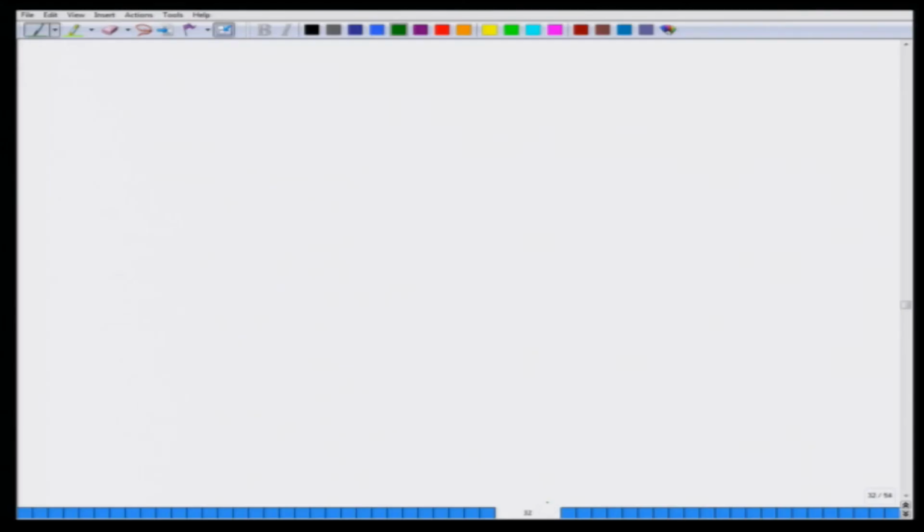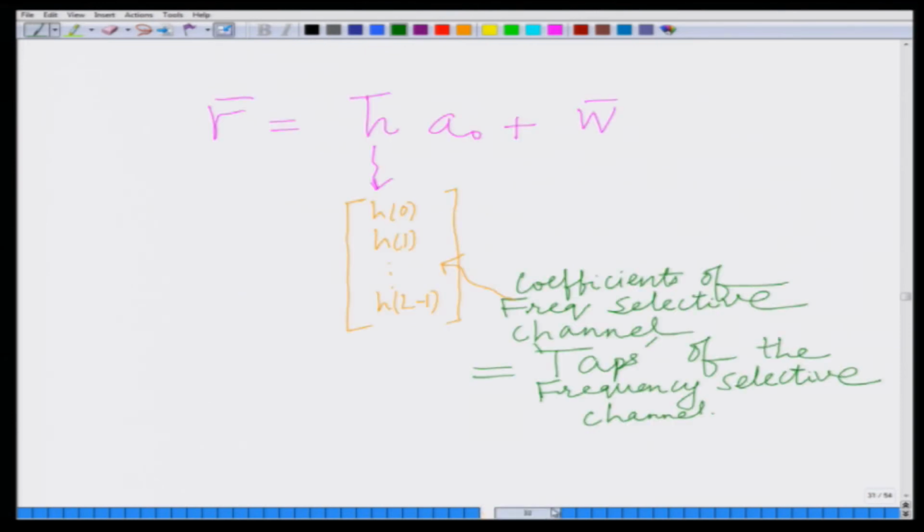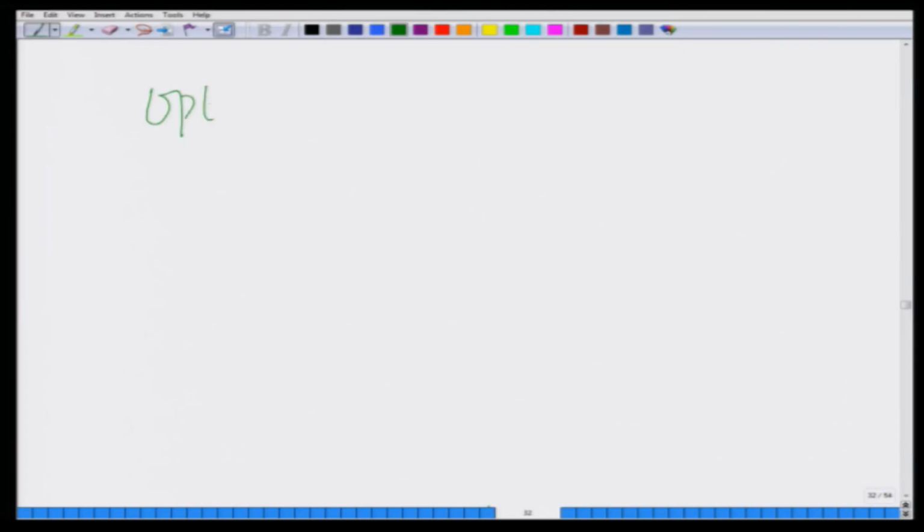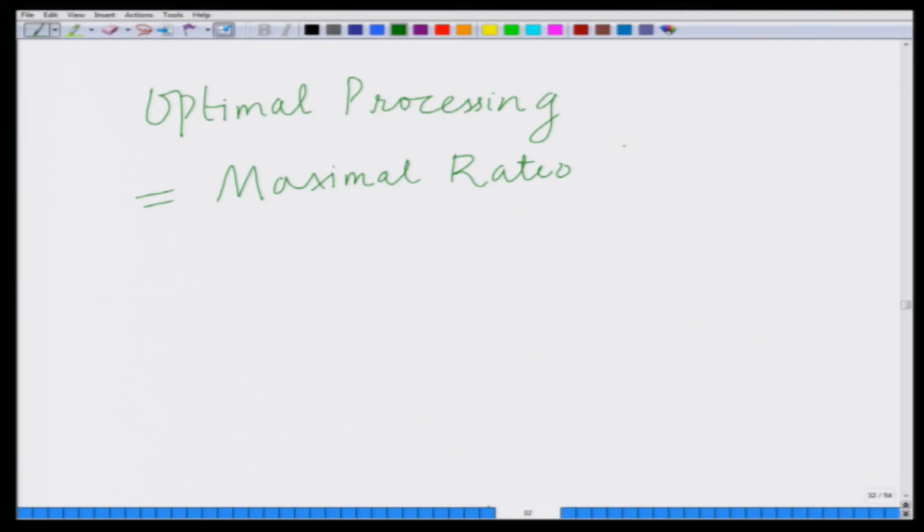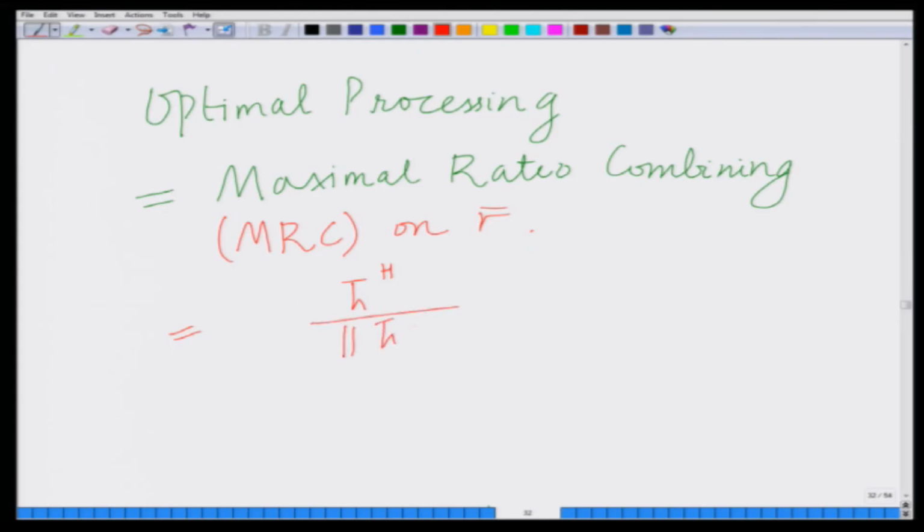So, the optimal processing now is to use maximal ratio combining, that is MRC, on R bar, which is basically equal to H bar Hermitian divided by norm H times R bar.